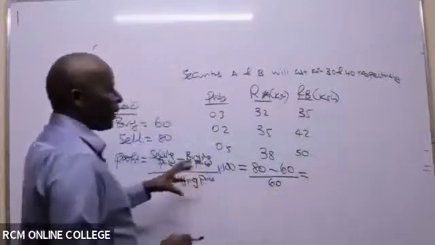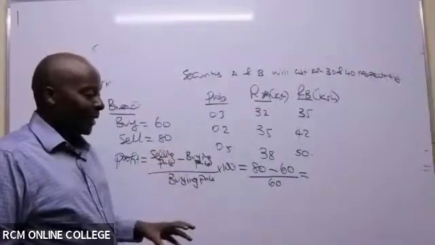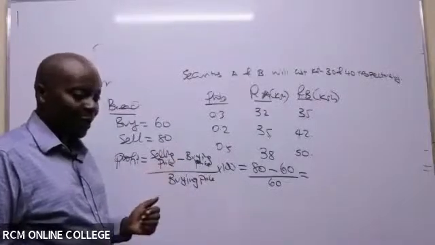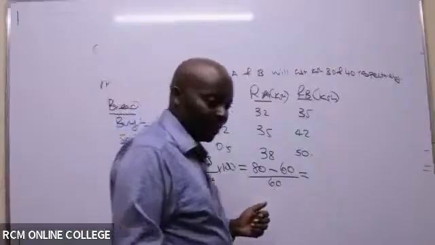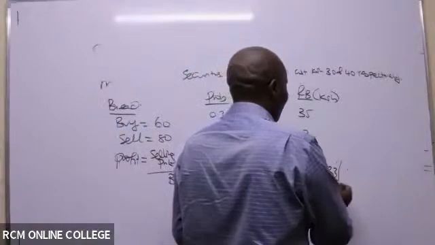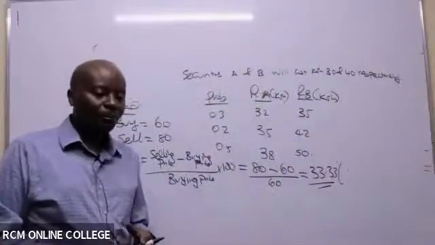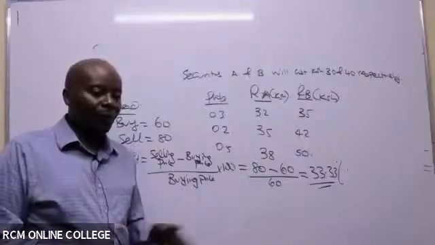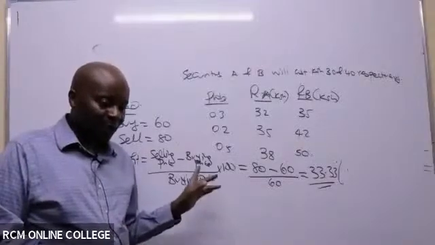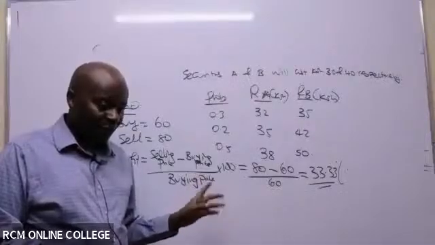Whatever you get from 80 minus 60, we divide by 60, and you multiply with 100. So is there somebody who is getting 33 point something? Okay, so far it is fine, they have converted. Thank you so much.